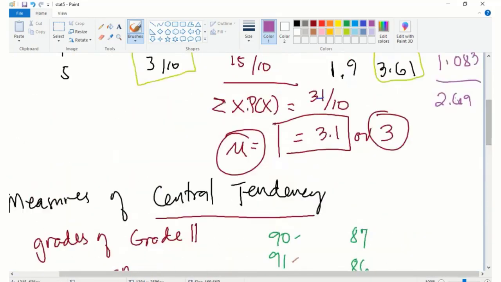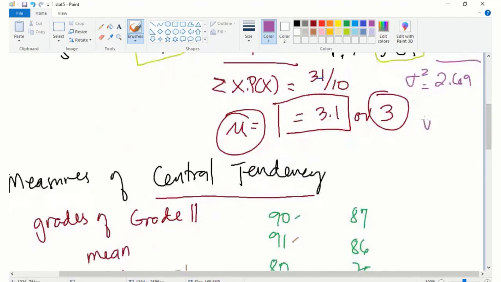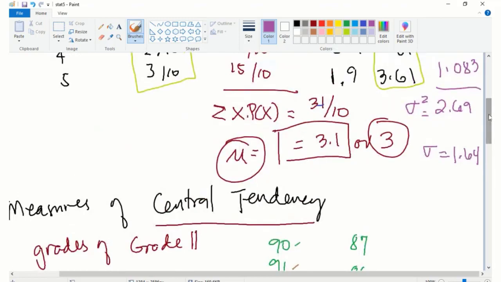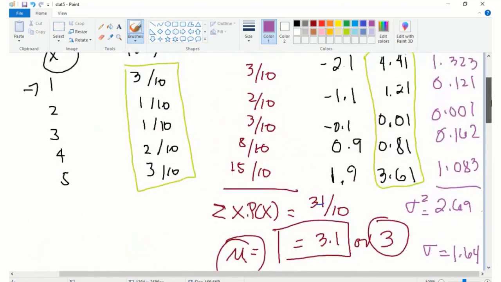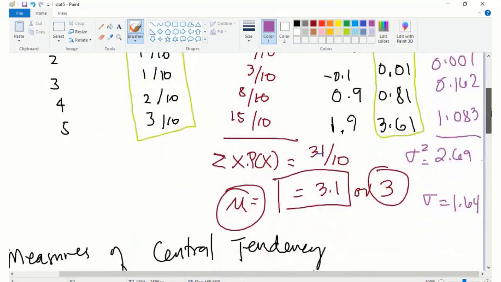So, since nakuha na natin ang variance, which is 2.69, the standard deviation now is, let me get my calculator again, square root of 2.69, which is equals to 1.64. Okay. So, ibig sabihin, ang average natin is 3.1, right?